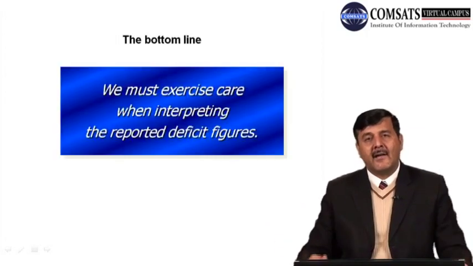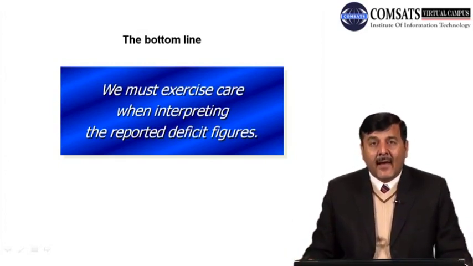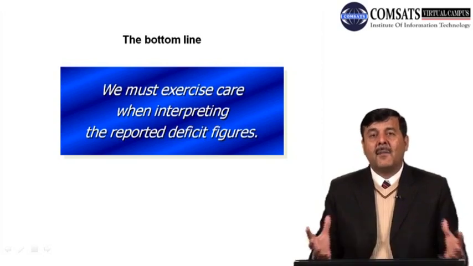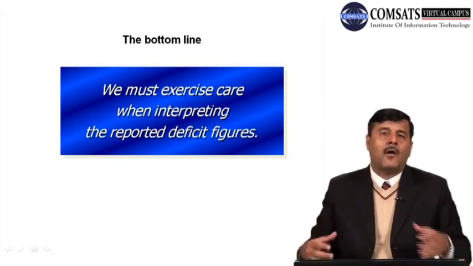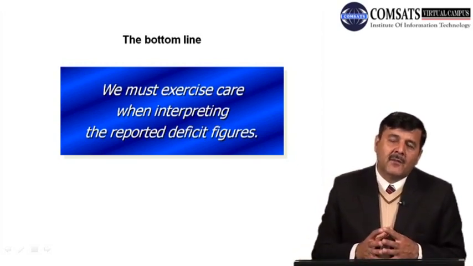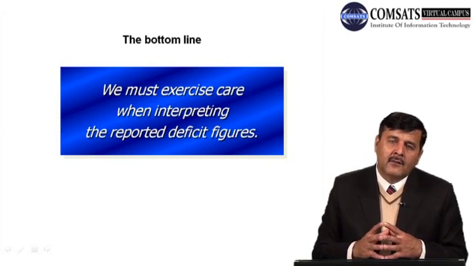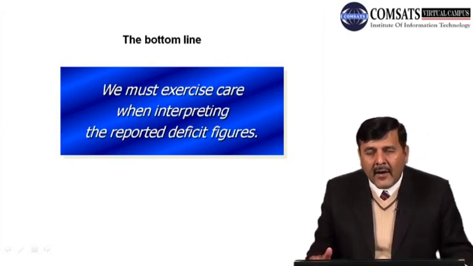So what is the bottom line? What is the result? What is the conclusion? The bottom line is that we must exercise care when interpreting the reported deficit figures. So when you talk about deficit, when you talk about budget deficit, when discussions are happening, you should interpret those figures very carefully, because you are not accounting for all of the problems that we've discussed now, right?